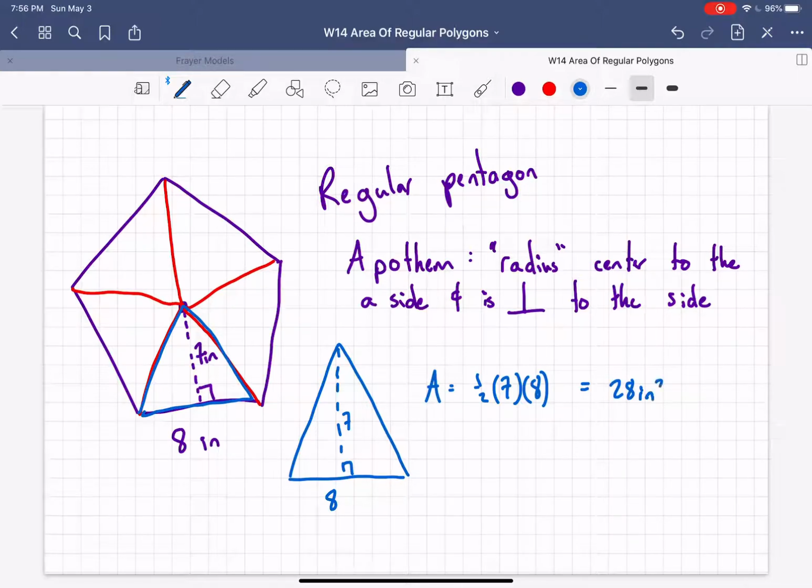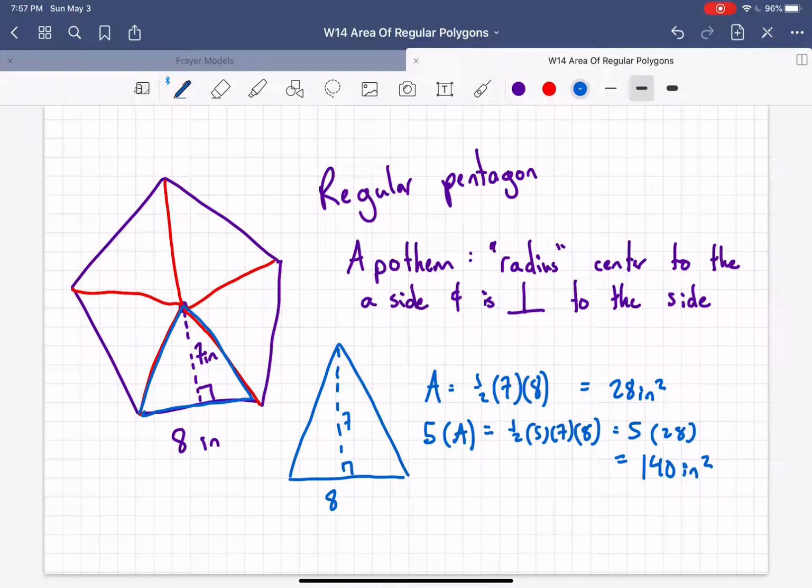And those would be square inches. And then we would take that and do 5 of those, because we're doing the whole pentagon, not just one of those triangles. So we do 5 times A, in which case that'll be 1/2 times 5 times 7 times 8, which would just be 5 times 28. I just want to make sure I get this correct, so I'm going to use my calculator. 140 square inches.